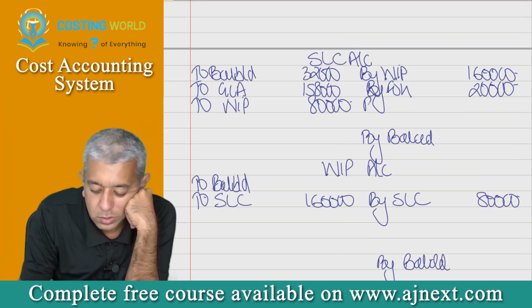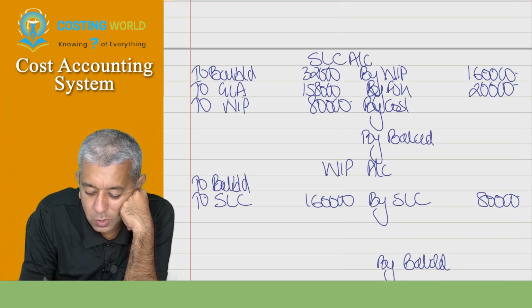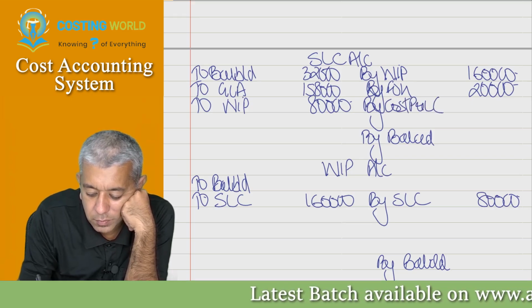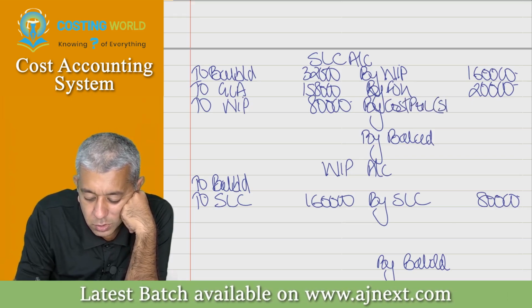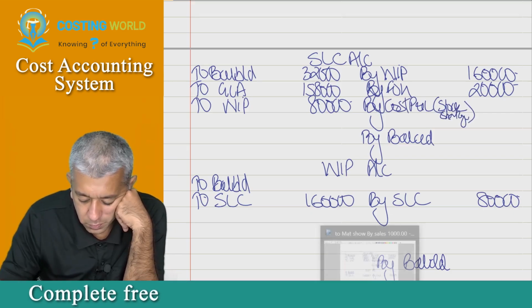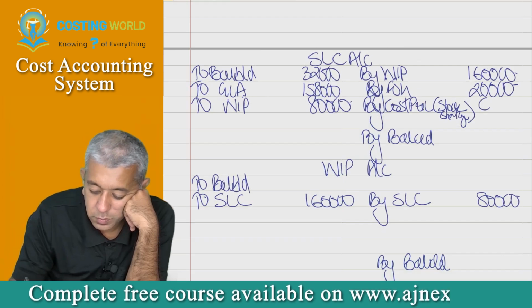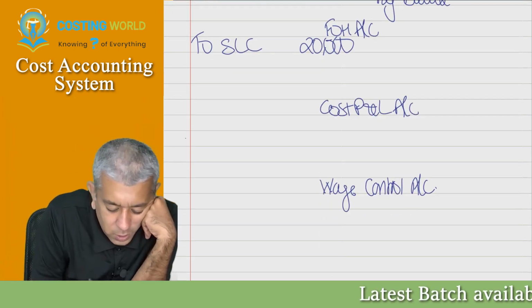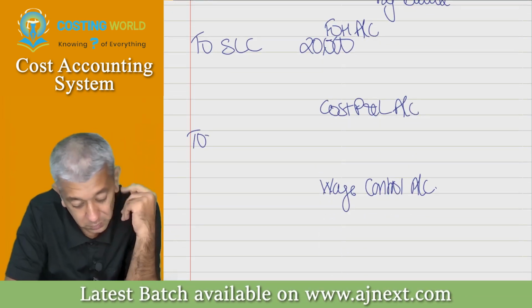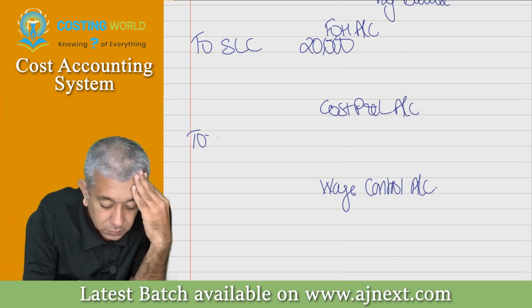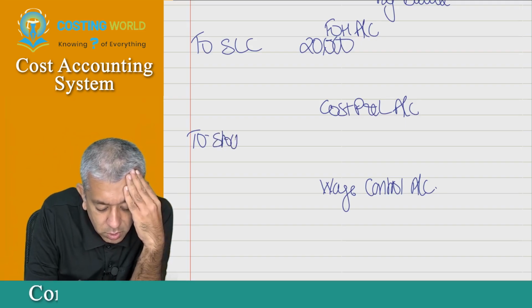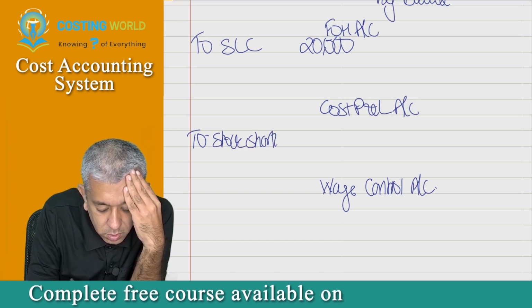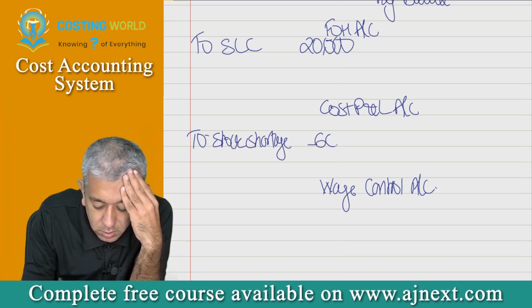This is by costing P&L. You can write down stock shortage 6,000. Costing P&L account, leave the first line please. Then write down to stock shortage 6,000.